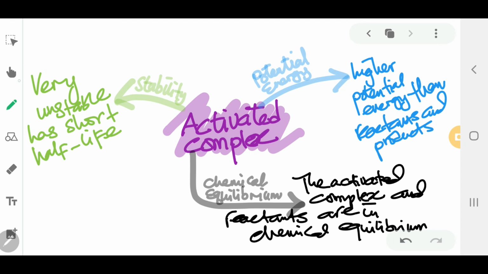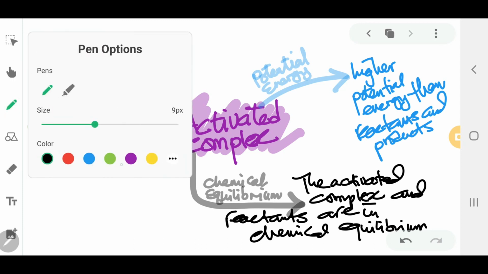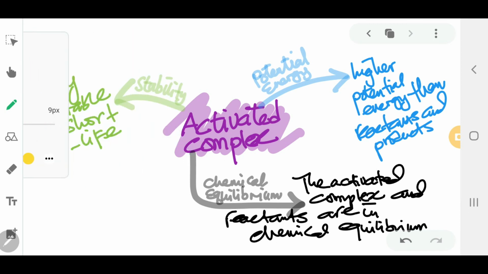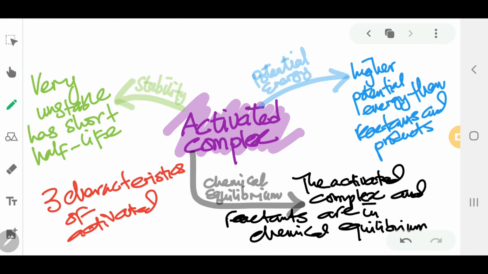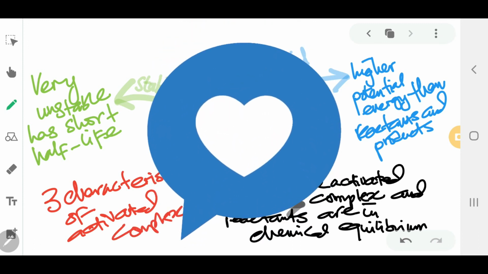Okay, so these are the three characteristics of the activated complex.